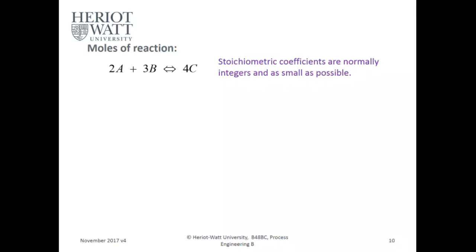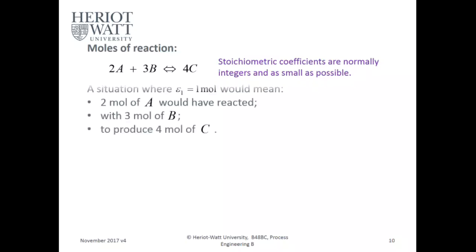The stoichiometric coefficients are normally integers and as small as possible. A situation where epsilon 1 equals 1 mole would mean 2 moles of A would have reacted with 3 moles of B to produce 4 moles of C.